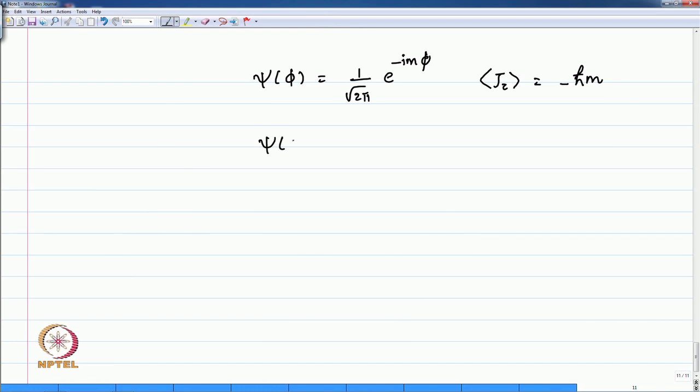But what is interesting is, what if we use the general wave function, namely a e to the I m phi plus b e to the minus I m phi, because we do not know whether the particular motion is clockwise or anti-clockwise, we do not know what it is. Then we also do not know what the value is.